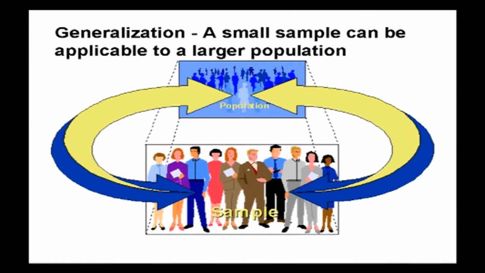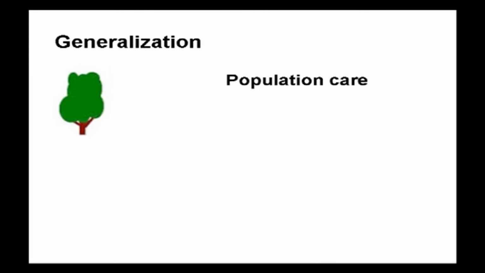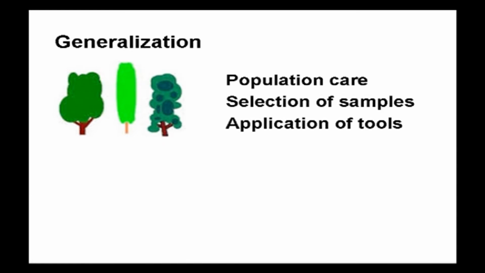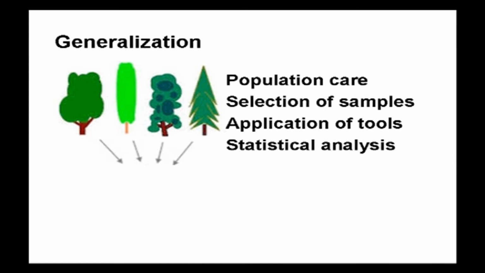A research design helps the investigator in his attempt to generalize, provided he has taken proper care of the population, selecting the samples, application of a proper tool and use of appropriate statistical analysis.